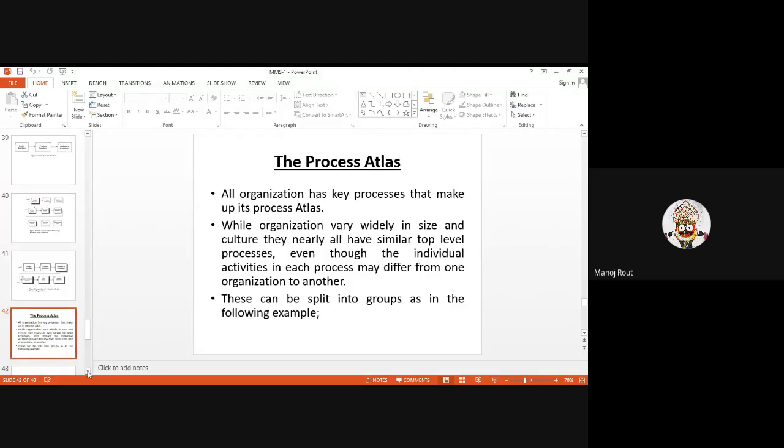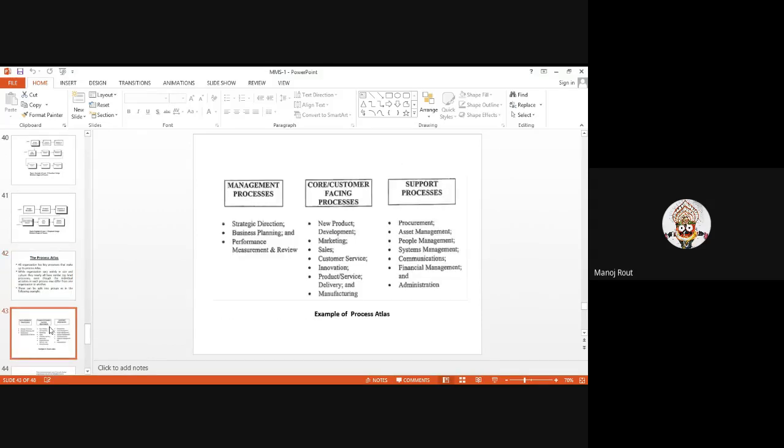I will show that particular example. So here is the process atlas. It contains three different processes. The first one is management process. The second one is core and customer facing process. The third one is support process. Management process basically includes strategic directions, business planning and performance measurement and review.